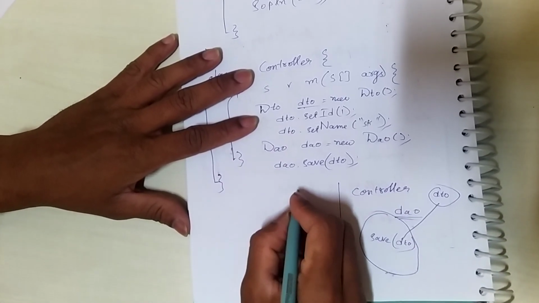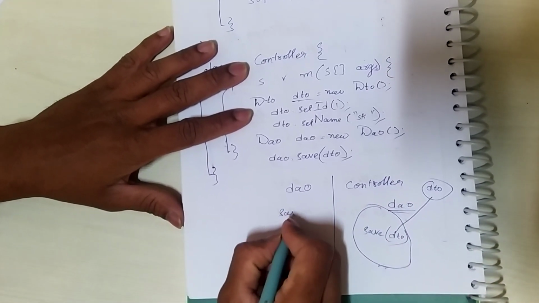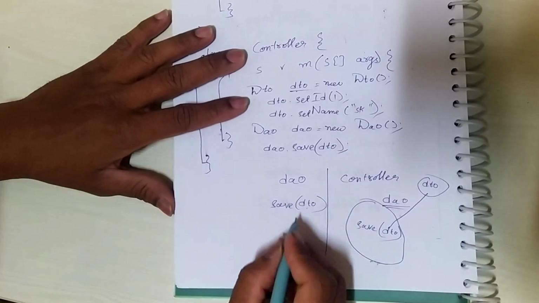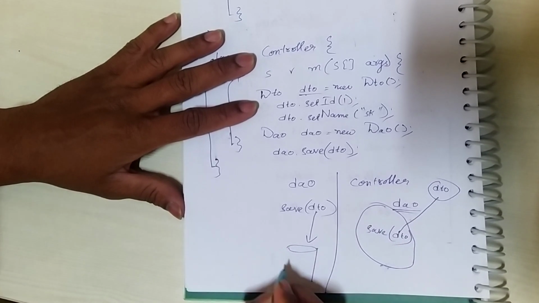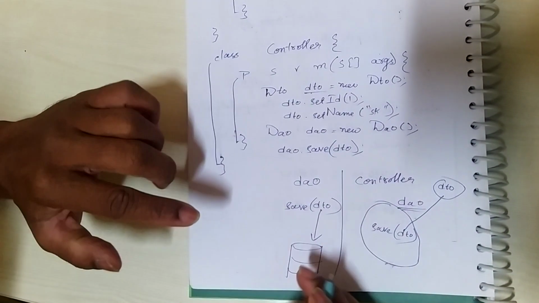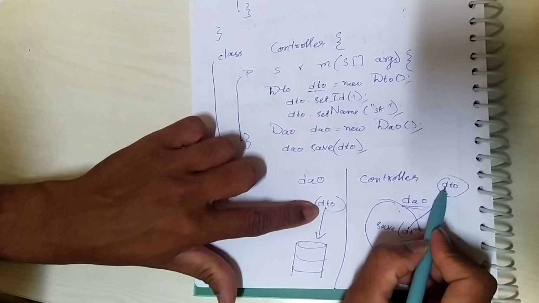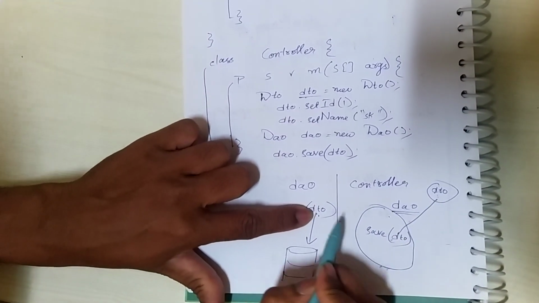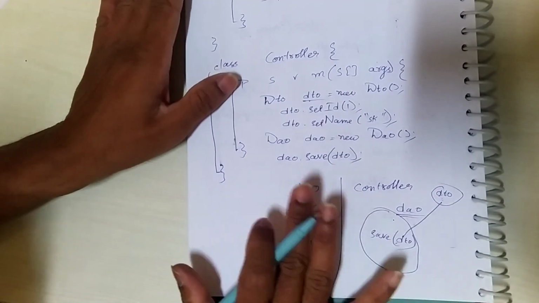Inside the DAO we have the save method, the DTO is collected, and all the data is transferred to the database. This is how the execution flow happens, and you can observe that in every layer we are using DTO as an object which is used to collect the data and also transfer the data. This is the execution flow between the layers of a project. And thank you guys.